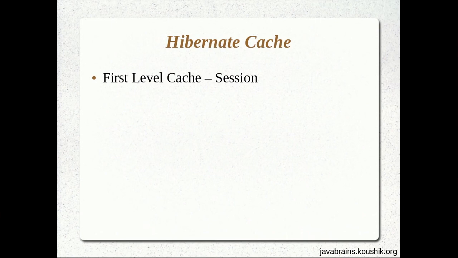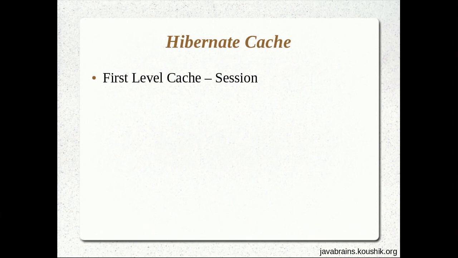So it's not just for the update, even for the select. Say I do a select once, and then there is no change as such, and then I do another select, I do a session.get, then Hibernate knows that it already has the data in its cache. It does not trigger a select again. So this level of caching is already there. Whether you configure it or not, Hibernate automatically provides this first level of cache.